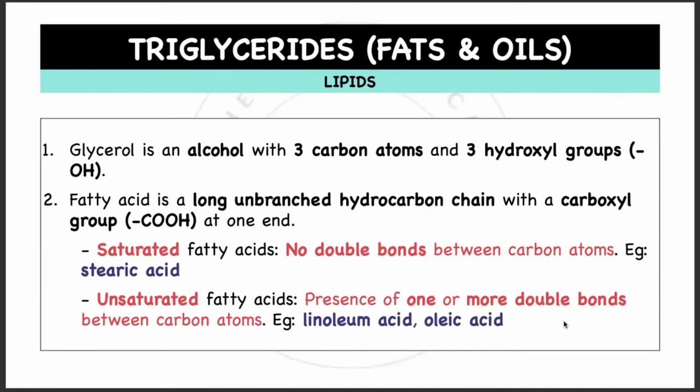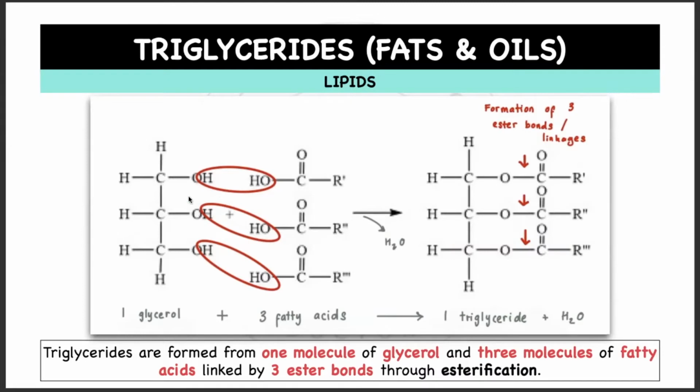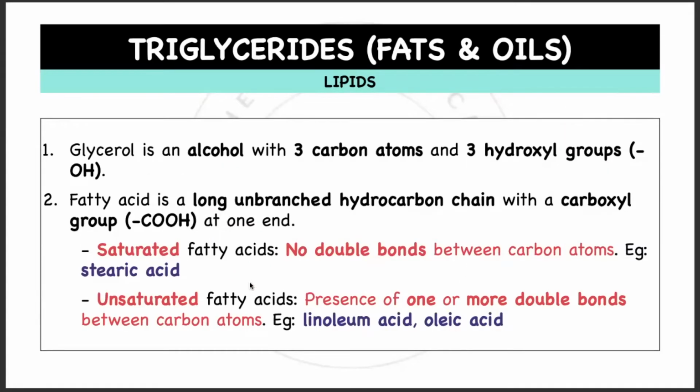Okay. So now glycerol actually is an alcohol, because you see this part over here, the hydroxyl, they are alcohol with 3 carbon atoms and 3 hydroxyl groups. And fatty acid is a long unbranched hydrocarbon chain with a carboxyl group at one end. So for fatty acid, it's important to know that there are actually 2 types.